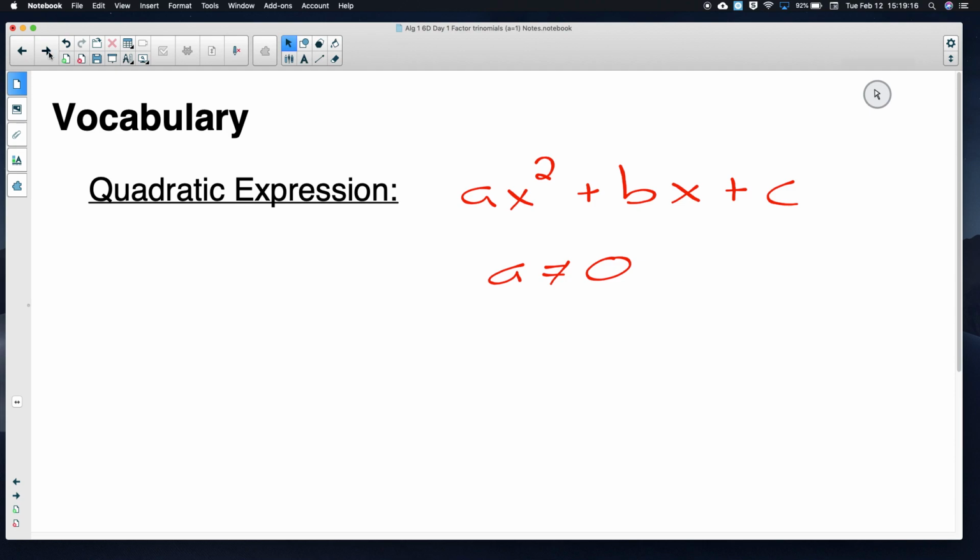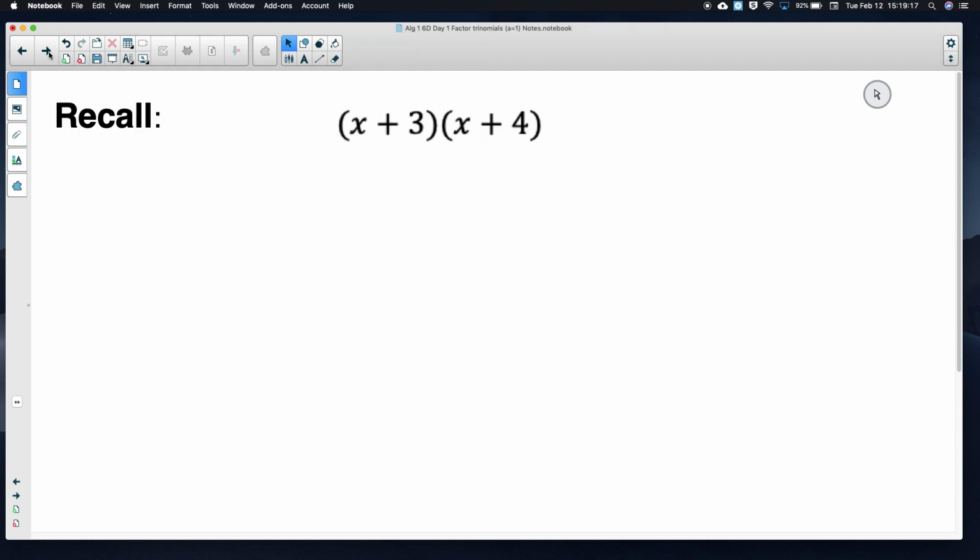So if you'll recall, when we were multiplying polynomials together, if I got x plus 3 times x plus 4, I would double distribute. I would distribute the x from the first binomial to the entire second binomial, and then I'd also distribute that 3 to the second binomial.